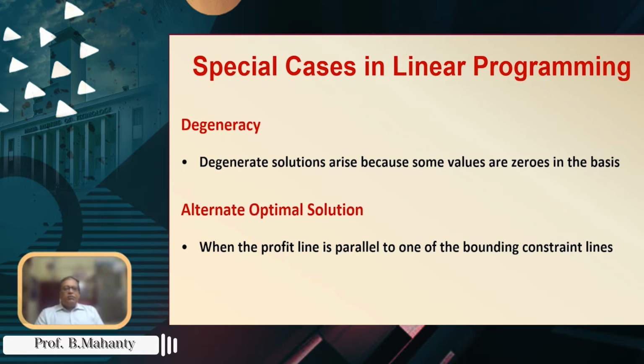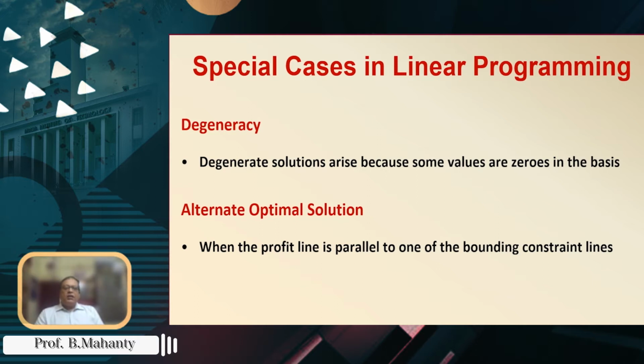The second case, which we shall discuss tomorrow in our next class, is the alternate optimal solution. When the profit line is parallel to one of the bounding constraint lines, we might see that the entire bounding constraint line also becomes optimal. Simplex cannot find in-between points because it only works with the corner points.